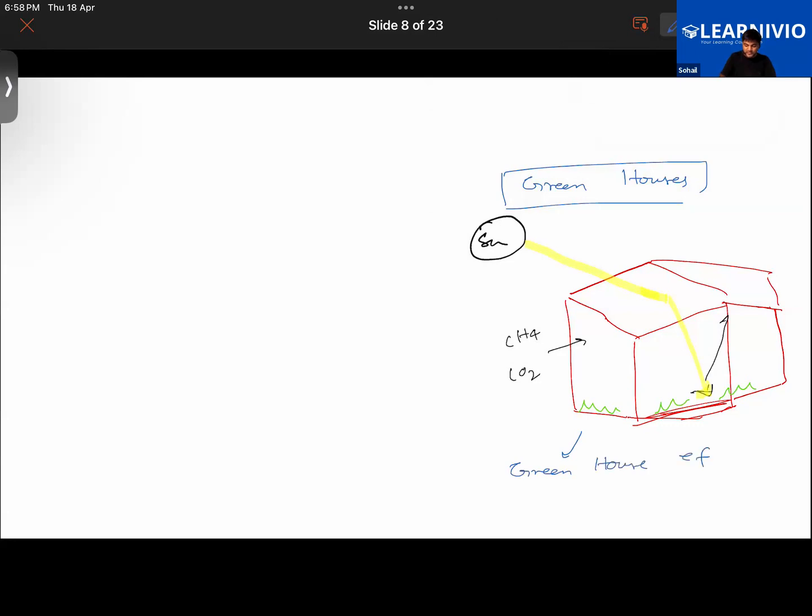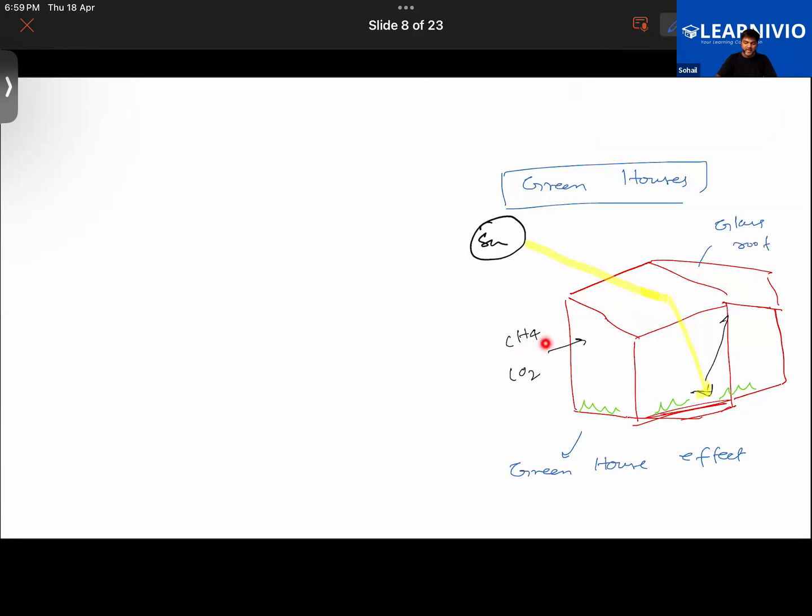Greenhouse effect. The greenhouse effect is seen in the case of Earth also. Gases in the atmosphere such as carbon dioxide and methane trap the heat, similar to the glass roof of this greenhouse. This is the glass roof. It traps the sun's heat.